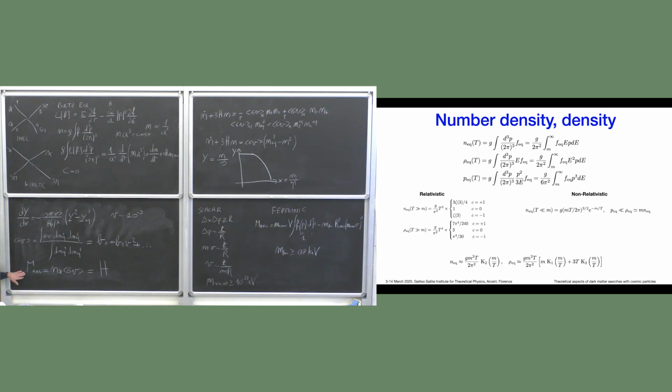So if the annihilation rate is much larger than the Hubble rate, the process is very efficient and you keep having dark matter in equilibrium with the standard model particles. But when the annihilation rate starts to be much smaller than the Hubble rate, the annihilation processes are not efficient, and dark matter starts to decouple from standard model particles and from the thermal universe. And you have the decoupling of dark matter particles and the so-called freeze out.